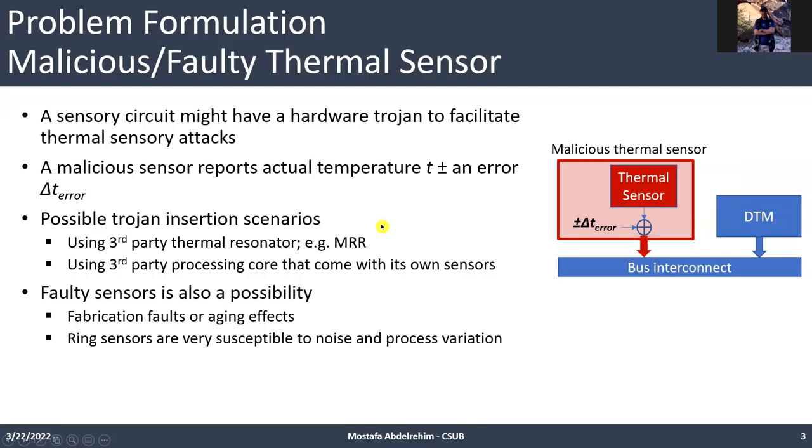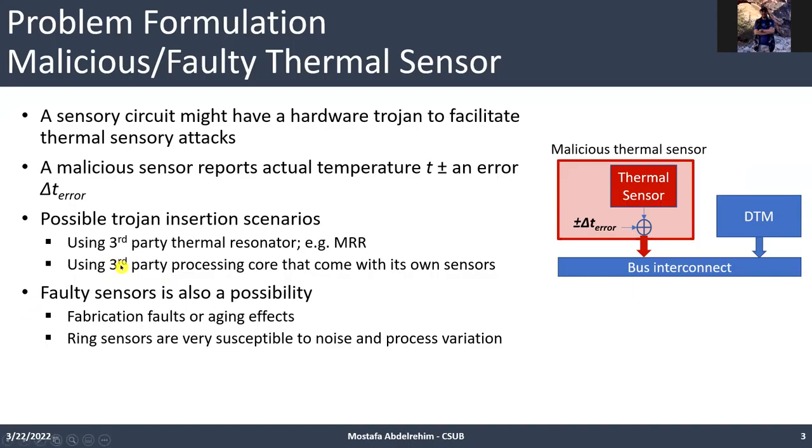For a hardware Trojan to be inserted, there are some scenarios, for example using a third-party thermal sensor, like thermal sensor micro-ring resonators, MRRs, which are very accurate thermal sensors but usually depend on a different technology. In these cases, the main designer may opt to use other technology from other companies to implement the thermal sensor.